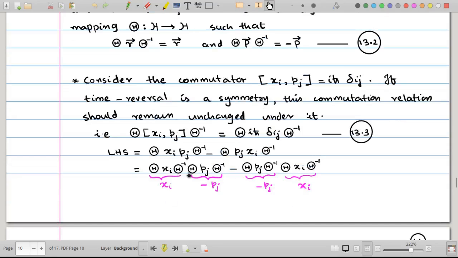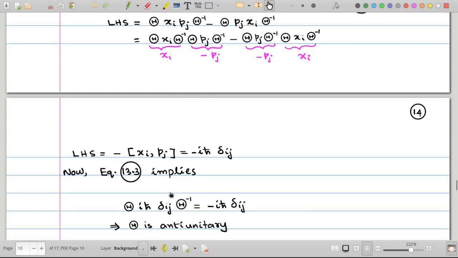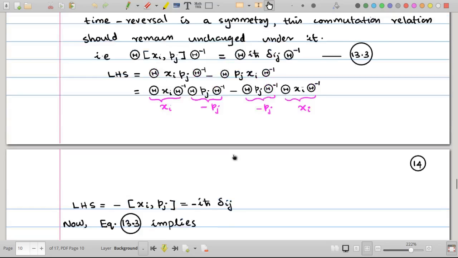We see that under the action of this time reversal transformation, the left hand side of this commutator relation has picked up an additional sign, and that's because the momentum operator p picks up an additional negative sign under this transformation. So LHS is equal to minus i h bar delta ij.